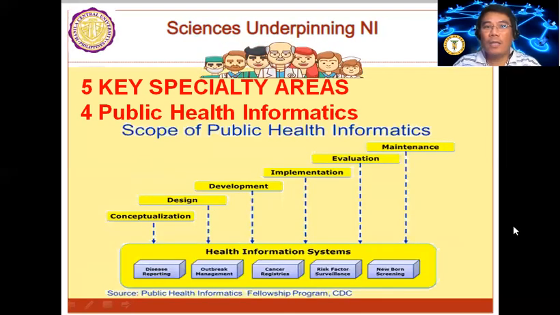And on number four, aside from educational informatics, we have the public health informatics. This is very significant in a community practice setting and implementation. So nowadays, in our public health emergency, it's very important to do the reporting, the contact tracing, the number of vaccinators, the number of vaccines, the number of recipients and beneficiaries of vaccines.